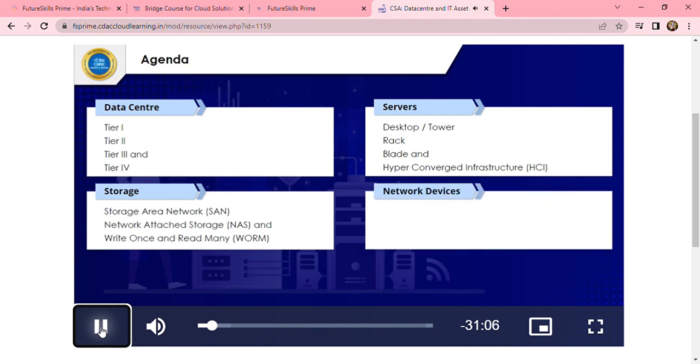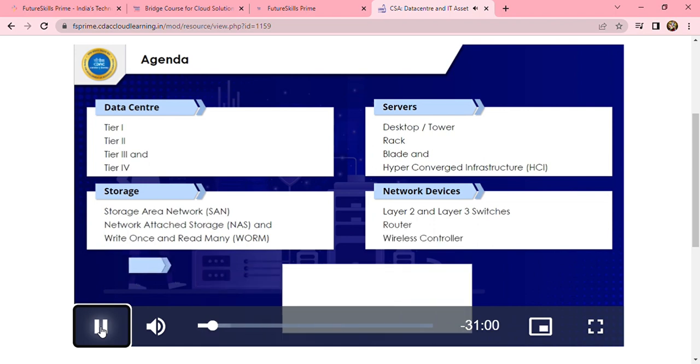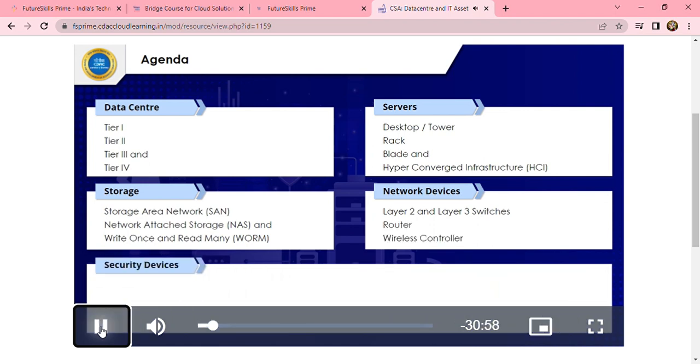Network devices: Layer 2 and Layer 3 switches, router, wireless controller. Security devices: Unified Threat Management (UTM), Security Information and Event Management (SIEM), Web Application Firewall (WAF), Intrusion Detection and Prevention System.